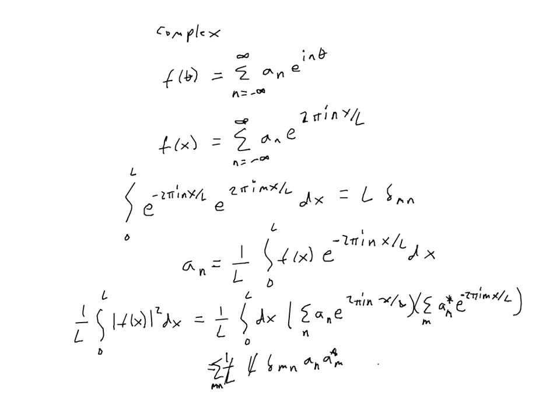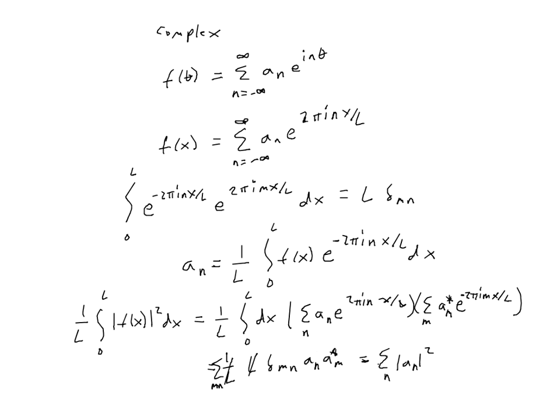And so what happens is the L's cancel out. You resolve the delta function by saying m is equal to n, and you end up with just the sum over n of a n squared.